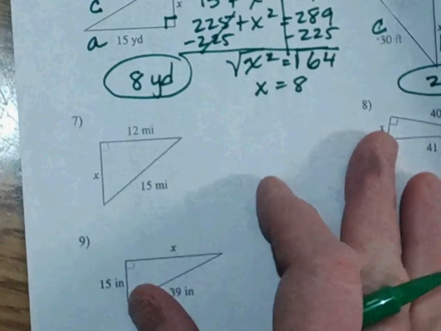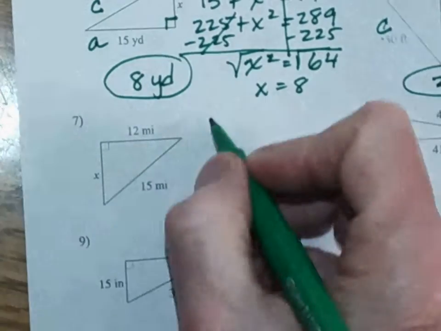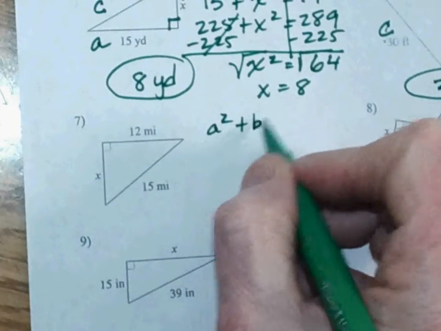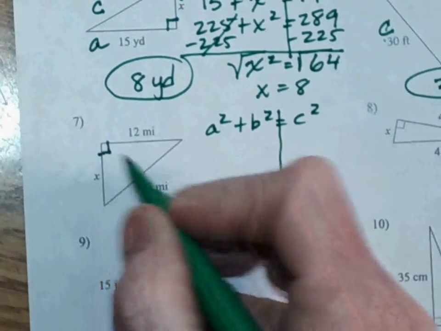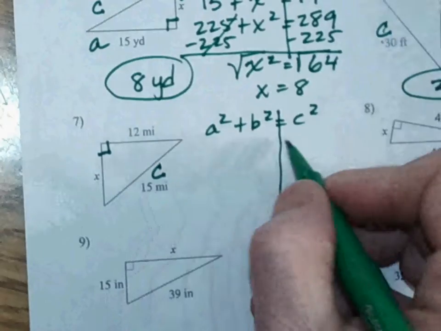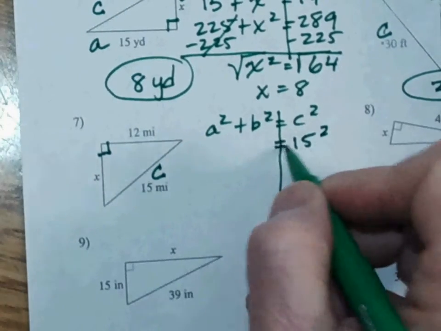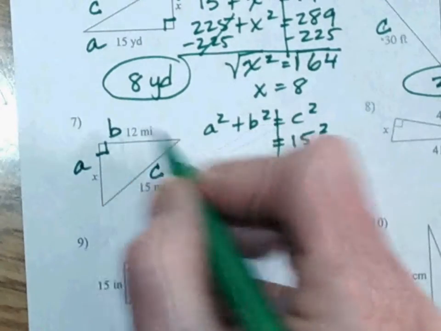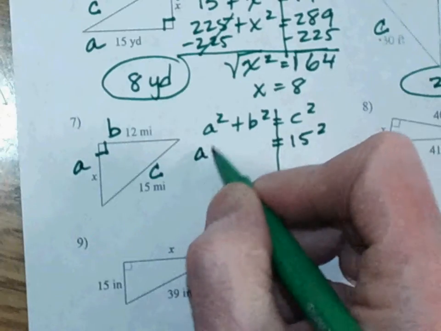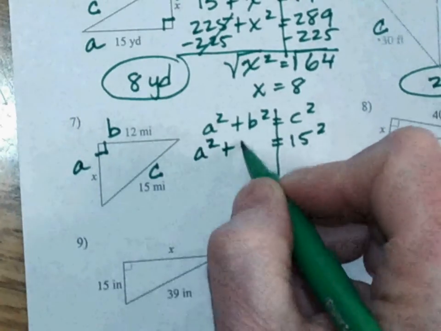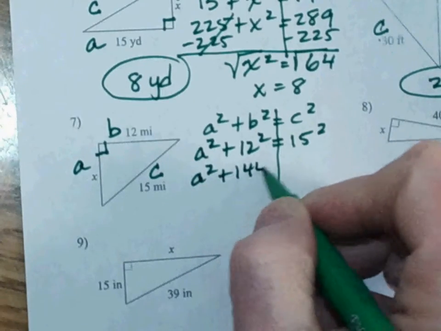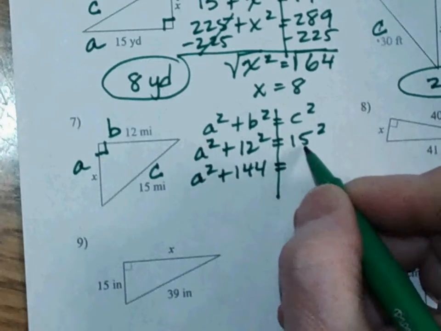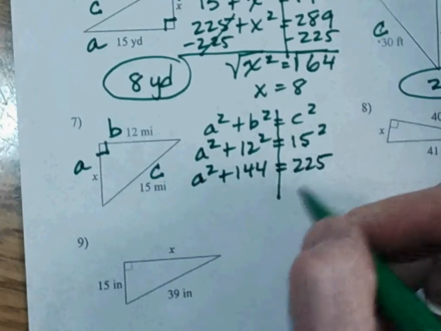Next, I have a squared plus b squared equals c squared. The side opposite the right angle is 15. I'll call this A and B. So I have a squared plus b is 12 squared. 12 times 12 is 144. 15 times 15 is 225.